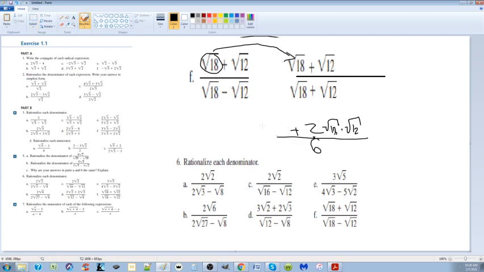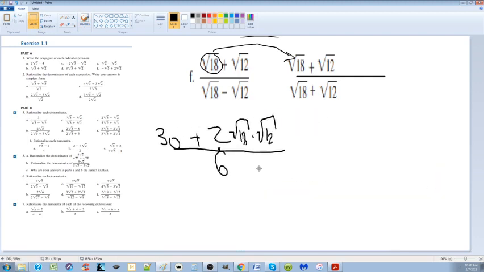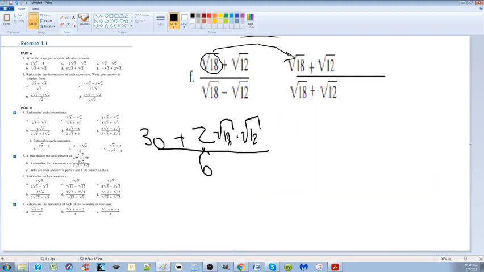Now, for a second here, I'm just going to get rid of my question, and I'm going to expand this. And I want you to focus on these square roots right here and how they can be broken down. Square root of 18 is the same as square root of 9 times the square root of 2.